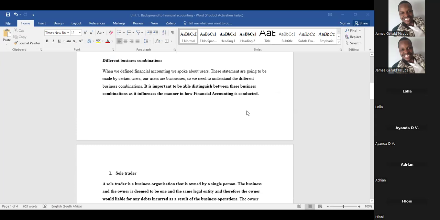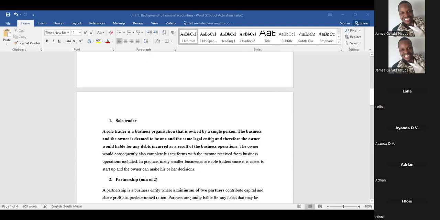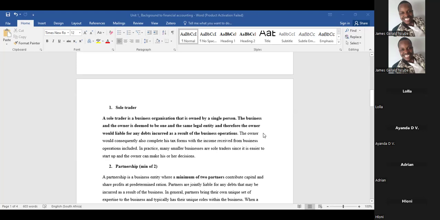Firstly, the business combination that I want to talk about first is the sole trader. Well, sole trader, already you can hear that sole sounds like a singular, right? I mean, one person. So basically, a sole trader is a business organization that is owned by a single person.